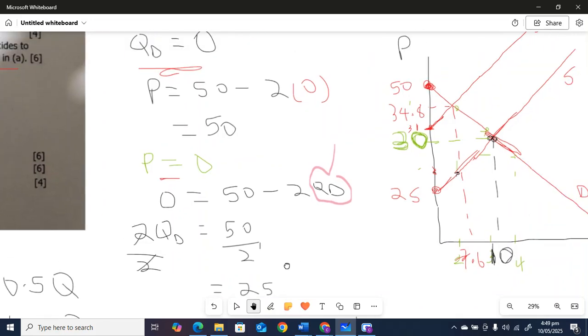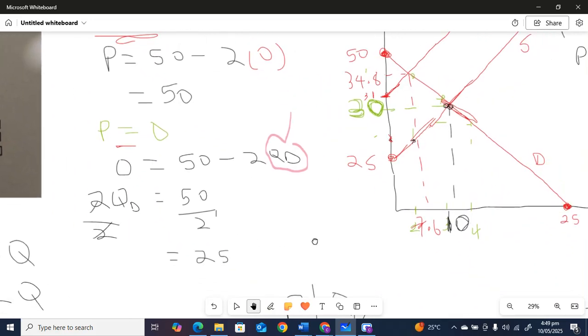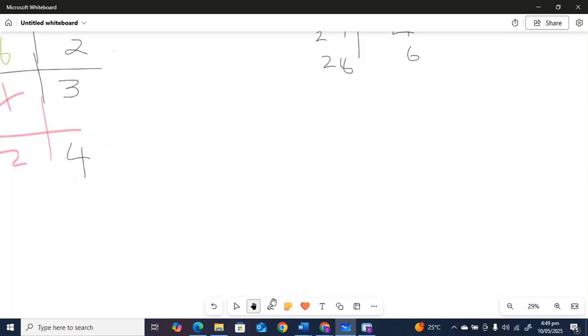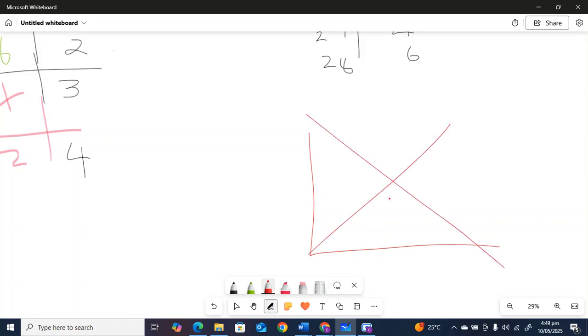And who benefits from a price floor? Is it the consumers or the producers, the sellers? This is equilibrium. So a price floor is above here.